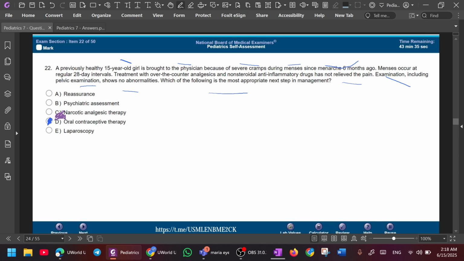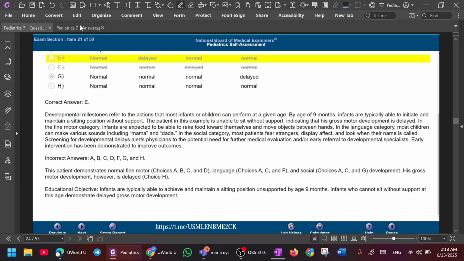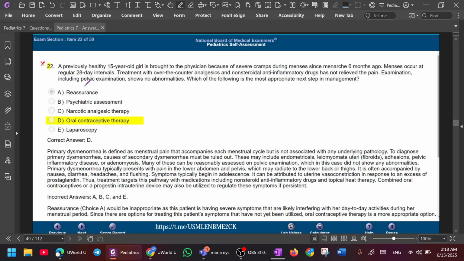Okay, so it's OCPs. Primary dysmenorrhea is defined as menstrual pain that accompanies each menstrual cycle but is not associated with underlying pathology. To diagnose primary dysmenorrhea, causes of secondary dysmenorrhea must be ruled out. These may include endometriosis, fibroids, adenomyosis, adhesions, and pelvic inflammatory disease. Many of these can be reasonably assessed on pelvic exam, which in this case did not show any abnormalities.